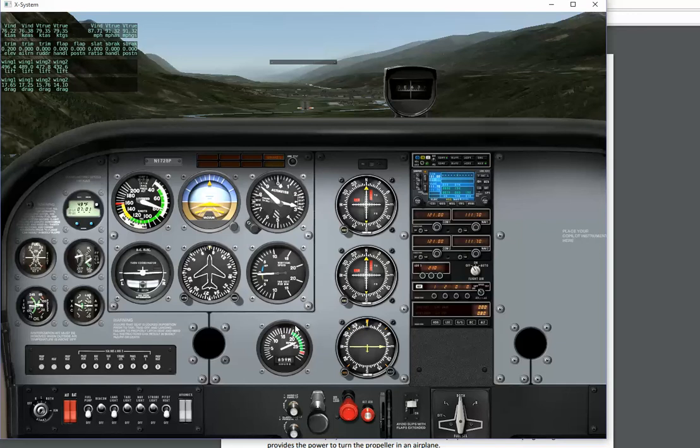What should my airspeed be? What should this guy be? 75 to 85 or 70 to 80. That's a good general number. 70 might even be too slow, but 75 to 85 is probably a good number. If you're coming in at 100, that's a little bit too fast.